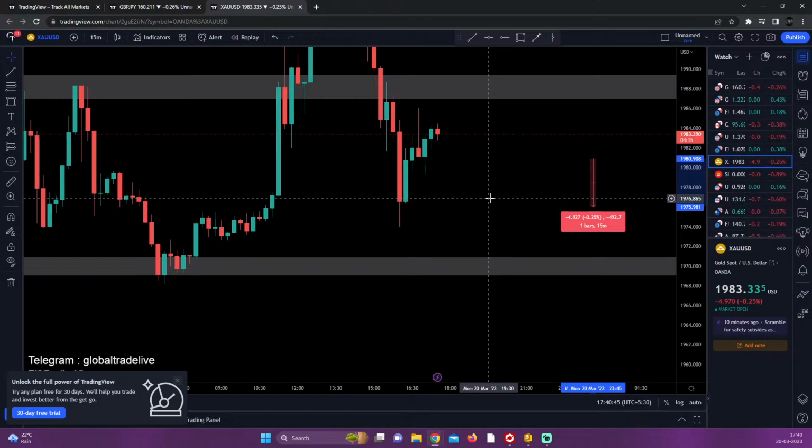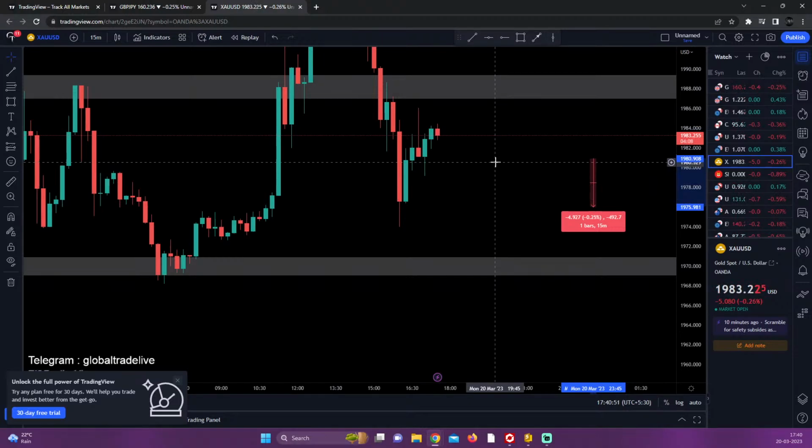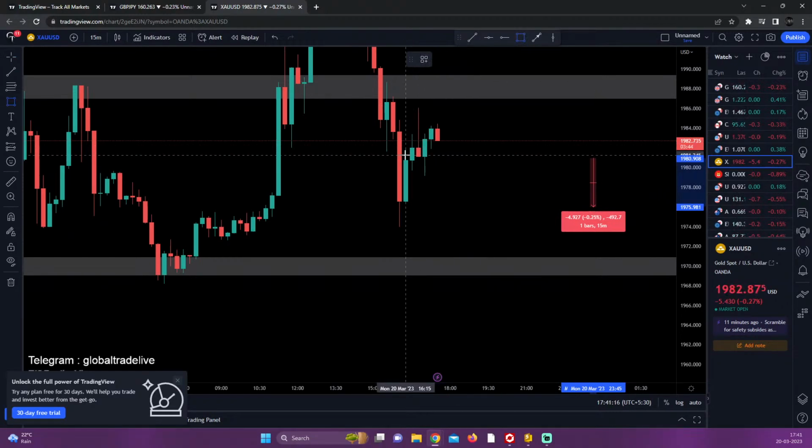Nice pips we can achieve in this area. So I might look for sells below this area.